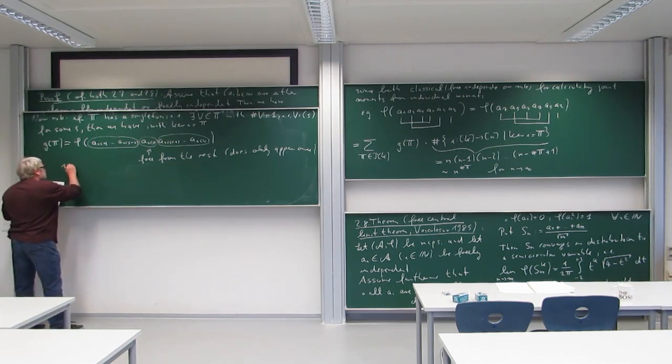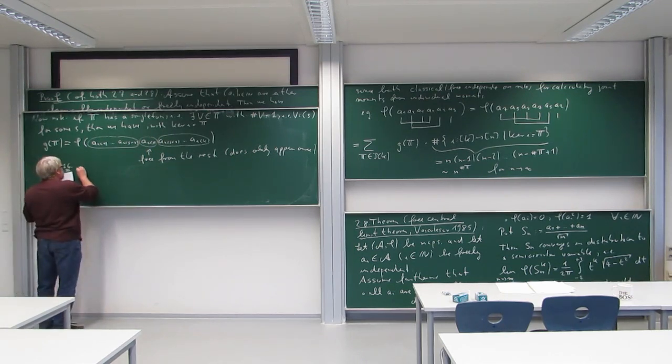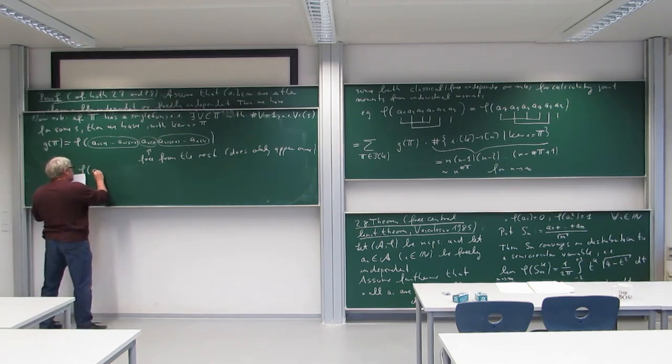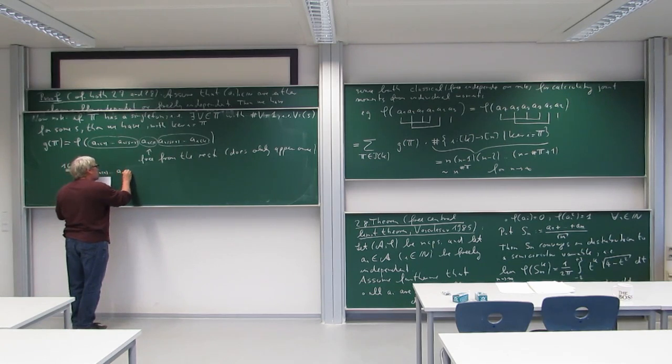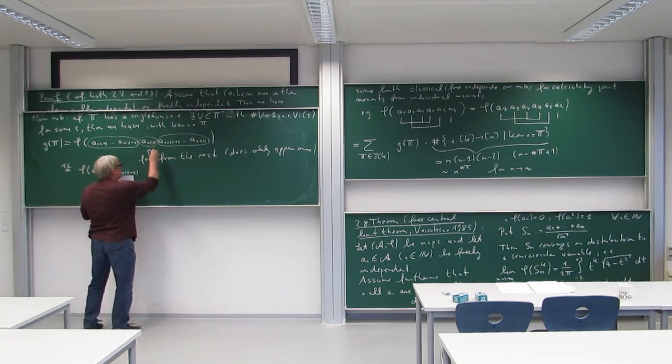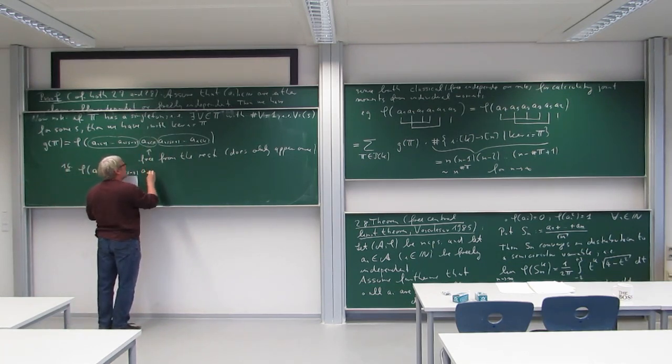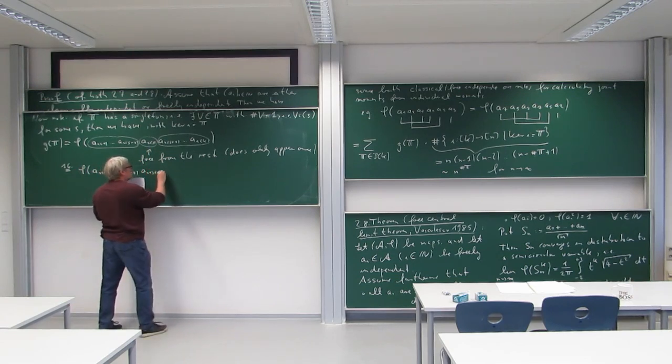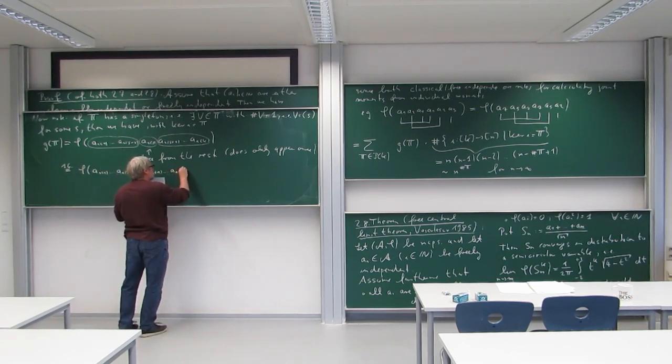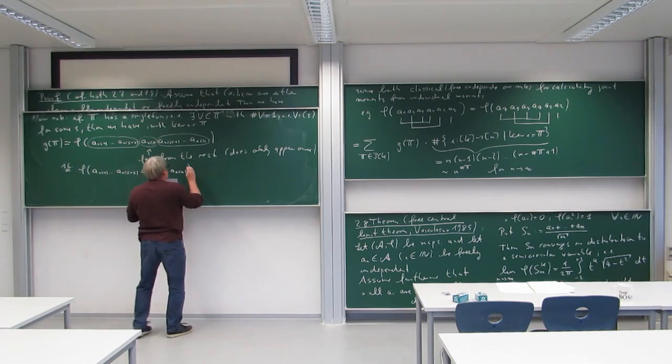Which actually is 6. So this factorizes into phi of AI1 up to AI s minus 1, and this is gone, and I'm continuing with AI s plus 1 up to AI k, and then times phi of AI s.